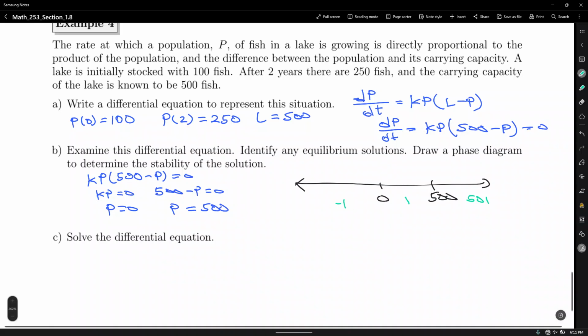For P negative, it wouldn't make sense to test negative fish, but I want to see the stability anyway. So at -1, this is going to be negative here. 500 minus -1 will be +1. That's positive, so it's going to go in this direction, right?